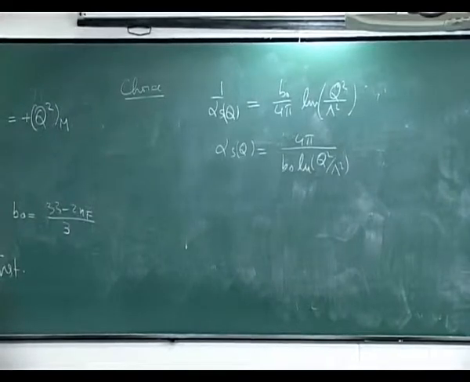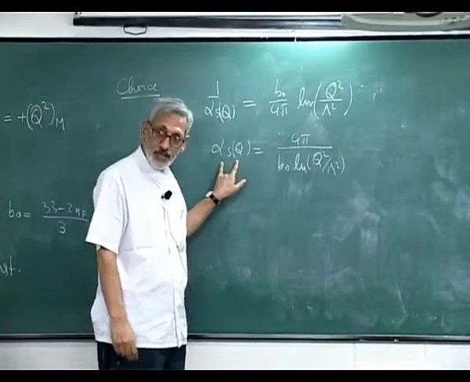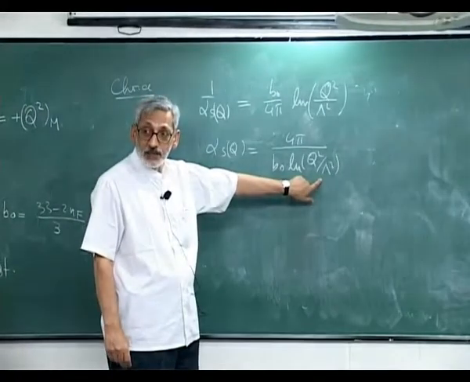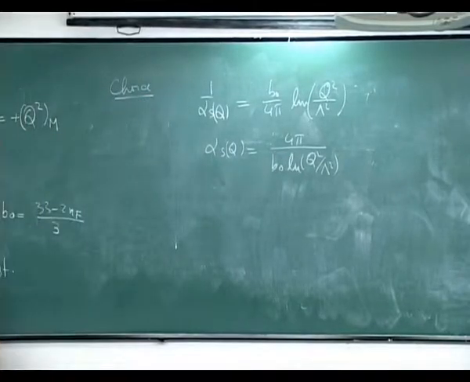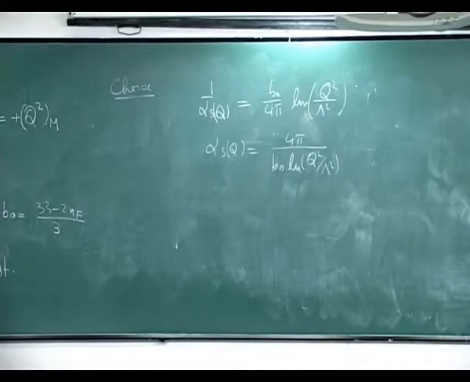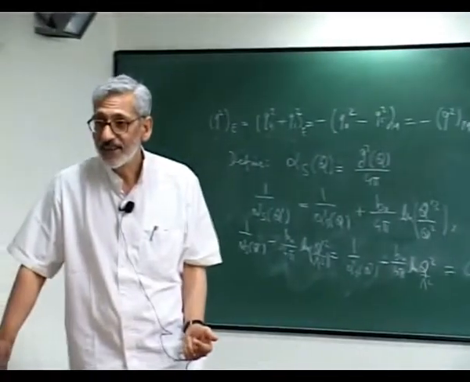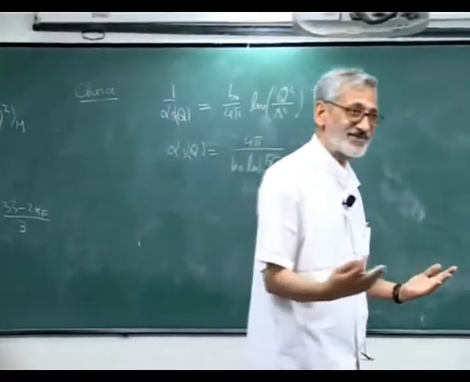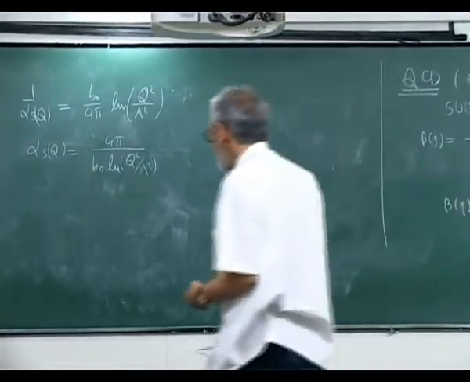So what does it mean? This means that the coupling constant of QCD for large Q behaves like the inverse of the logarithm of Q square. Large compared to lambda now. So there is some scale lambda we have introduced.